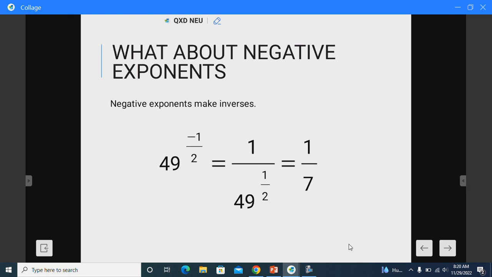So you have again the same problem as what we had. We have 49 there, so we make it into a fraction. We make the exponent positive, which means it will go down. The denominator is now 49 to the power of 1/2. That becomes positive this time. So 1 over 7, because that is the square root of 49.